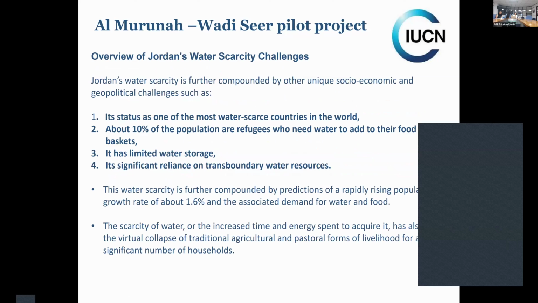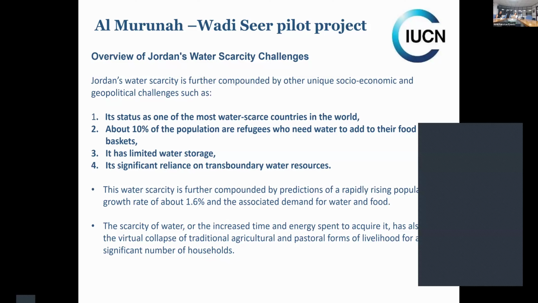Jordan also, as a water scarcity, is linked with socio-economic and geopolitical challenges, such as its status as one of the most water scarce countries in the world, and about 10% of the population are refugees who need water to add to their food.